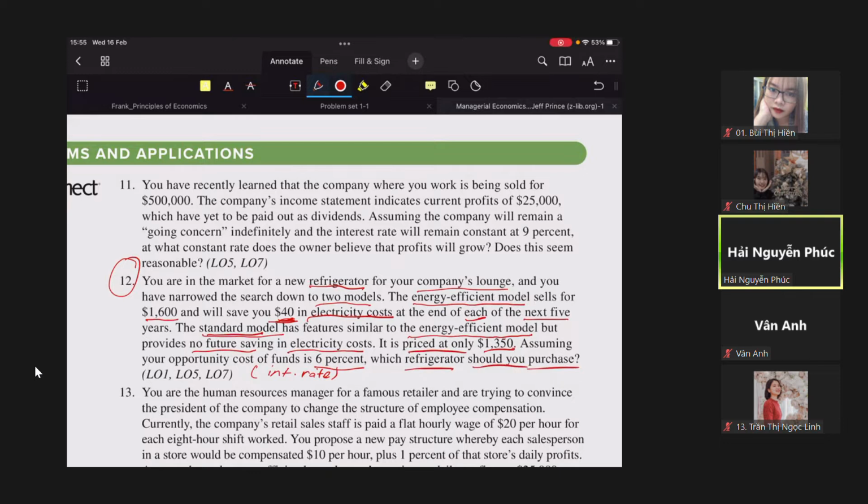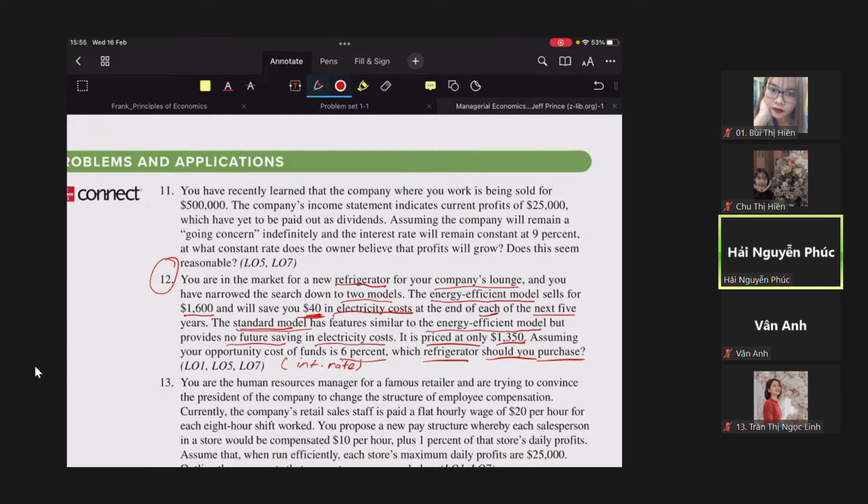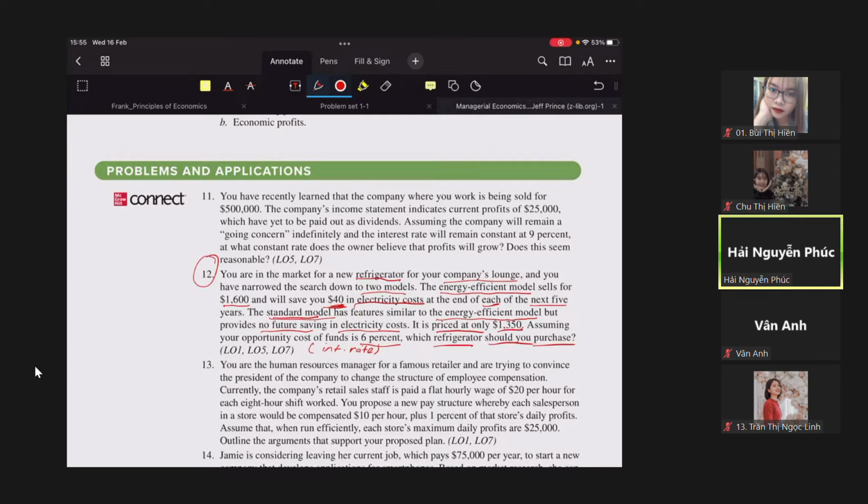So what is our problem? Based on the information given, if you look at the difference in the prices, you can see that the energy efficient model is $250 more than the standard model, and it allows you to save 40 each year in the next 5 years.